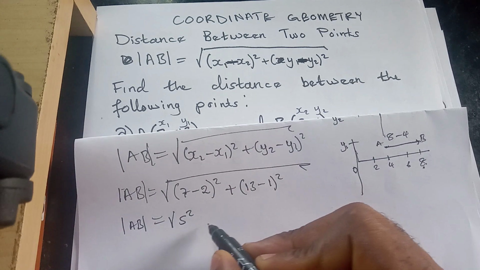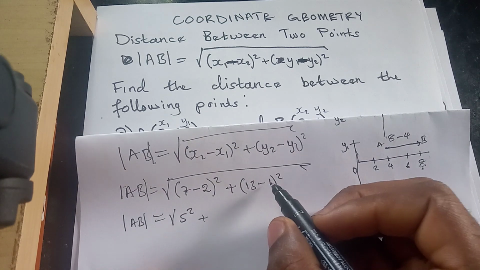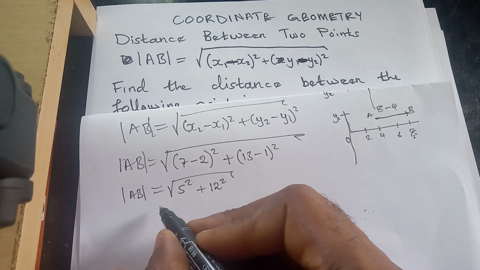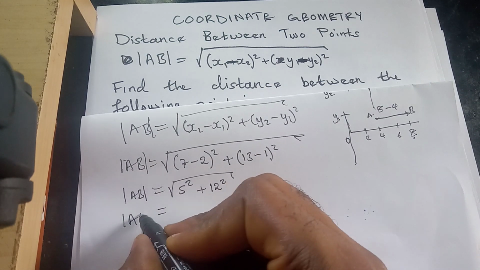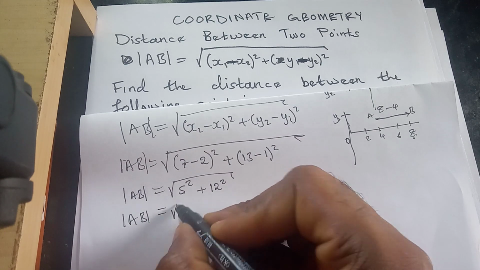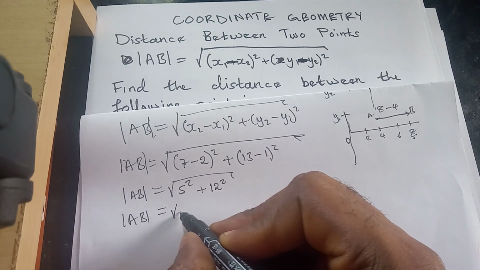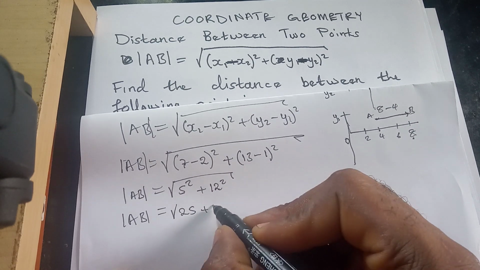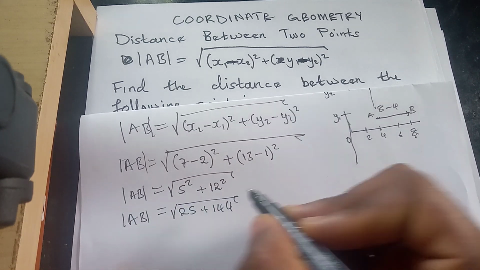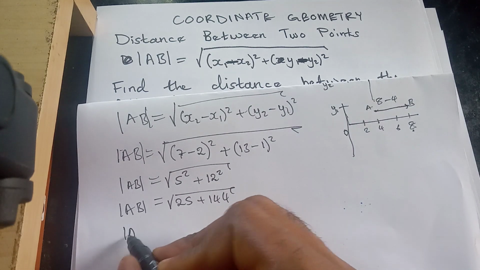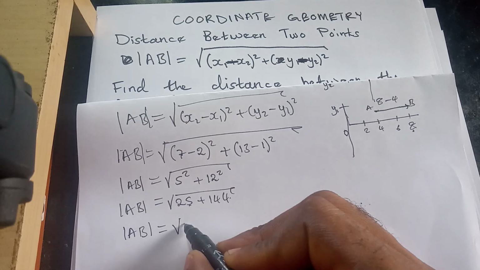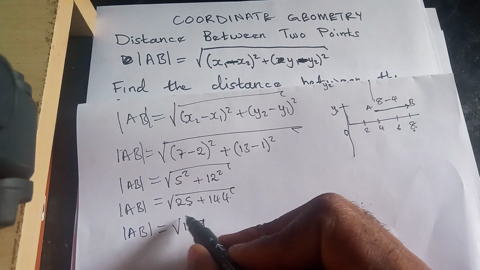Then you have 5 squared plus 13 minus 1 is 12 squared. So now you can just find the square of 5, which is 25, plus the square of 12, which is 144. Then you take the square root. Then AB is equal to the square root of this plus this, which will be 169.